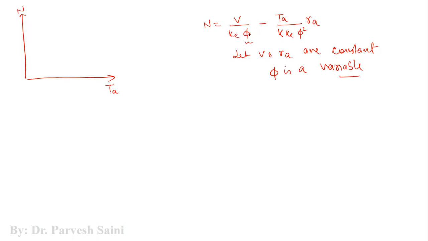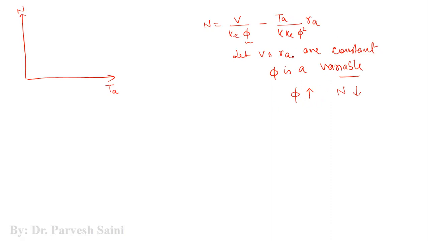So as we can say, if Φ increases, this N will decrease. It will decrease basically, right? So this is how we can indicate from this equation. However, because our objective is to find the characteristic with respect to armature torque, right?